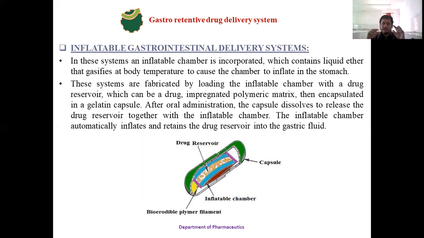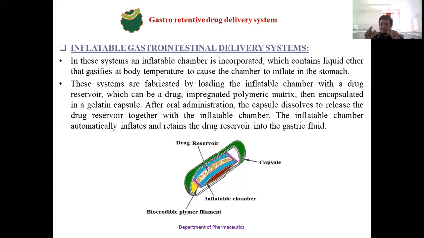So a capsule contains a closed chamber holding the drug and a liquid which will gasify at body temperature. Whenever the capsule is taken and goes to the stomach, the capsule shell, which is made of gelatin, will degrade and dissolve.